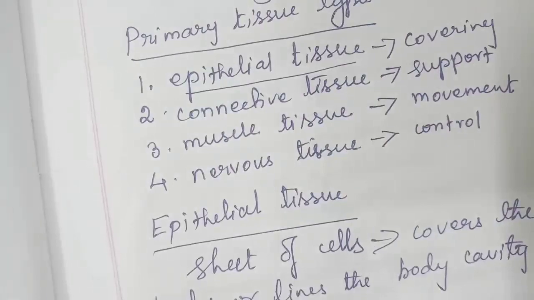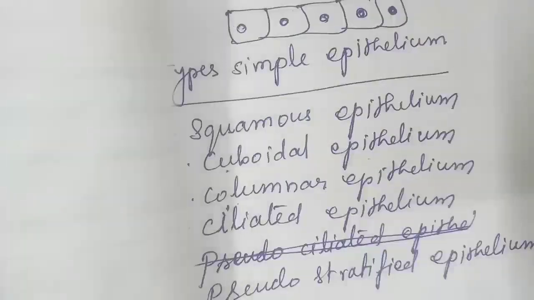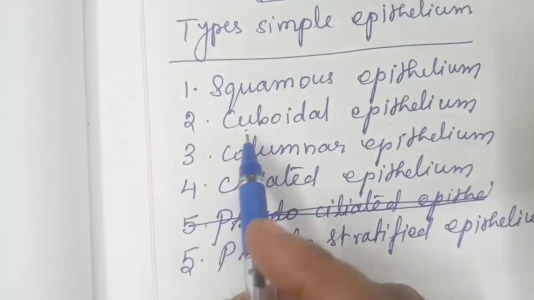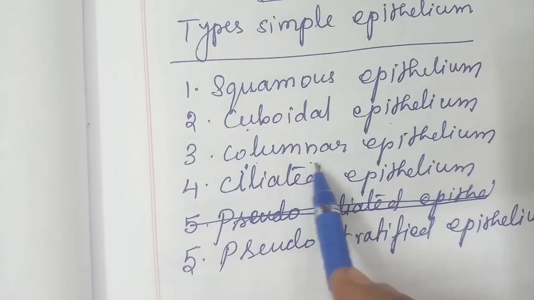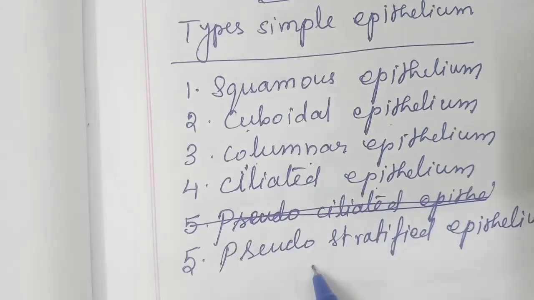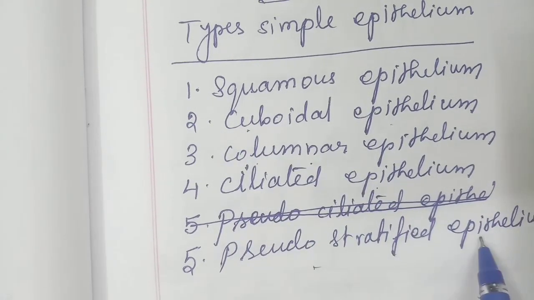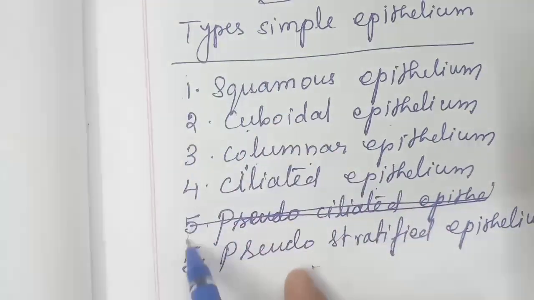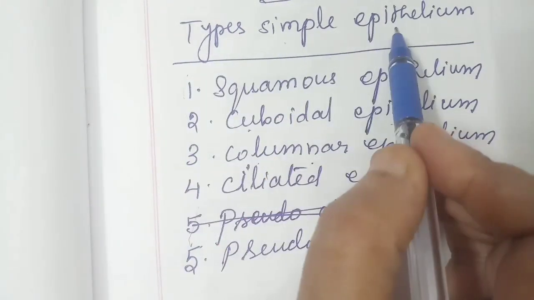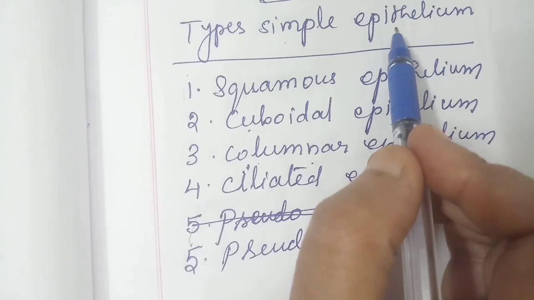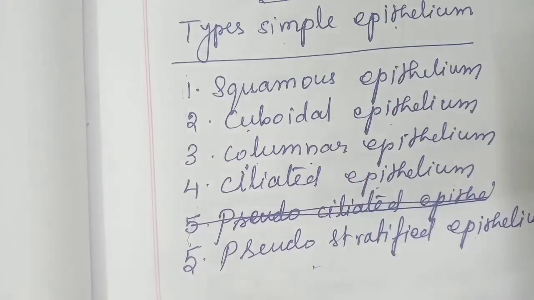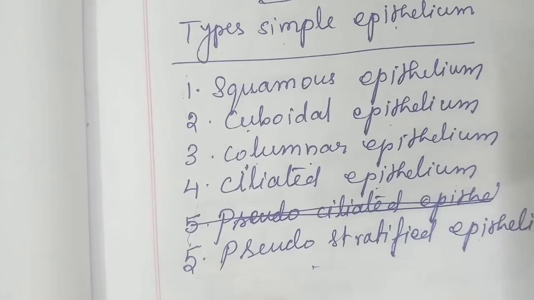So far we have seen squamous epithelium, cuboidal epithelium, columnar epithelium, ciliated epithelium, pseudo-stratified epithelium. These are all the types of simple epithelium. But another type is also there, I told you, that is the compound epithelium.